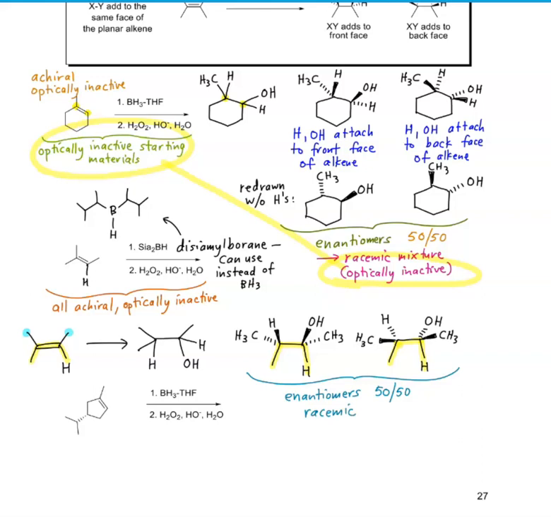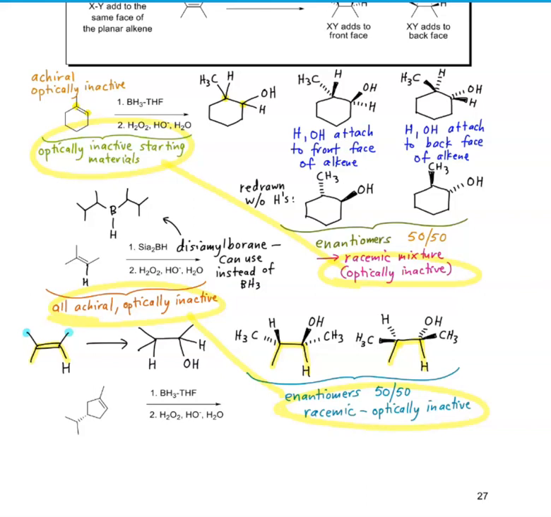And so we have the same thing that we did in the first example. We have an optically inactive product because we started with optically inactive starting materials. Let's do one more example of this, and then let's summarize what we've been doing.